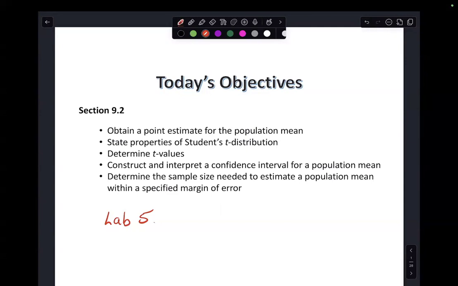If you have your continuous data from lab 1 and lab 2, it'll be a super quick lab for you. It'll probably take you less than 10 minutes. So that's today. I'm guessing it'll be slightly more than an hour tonight. It'll be short. As I said, we're tapering off the end of the term, not having as long classes, so you have time to work on your final project.